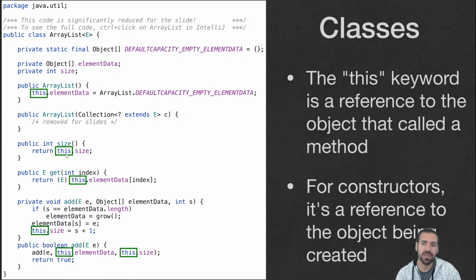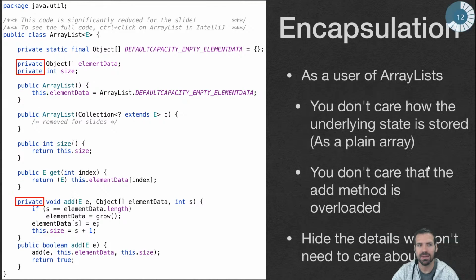Since it has a reference to the object that called that method, it knows which ArrayList you want the size of, and it goes to that ArrayList, this dot, go to that ArrayList on the heap, and get its size instance variable and return it. And the keyword this makes that possible. Without the keyword this, you have 5 ArrayLists and you call .size on one of them, Java just has to guess which one you want the size of. With this, it has a reference to the one you want the size of, and it can get the size of that specific ArrayList.